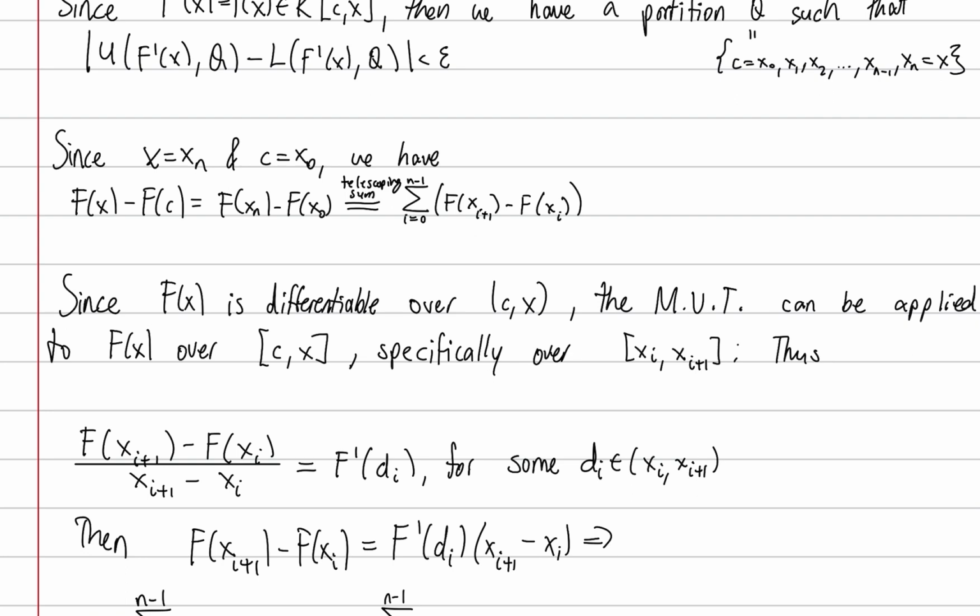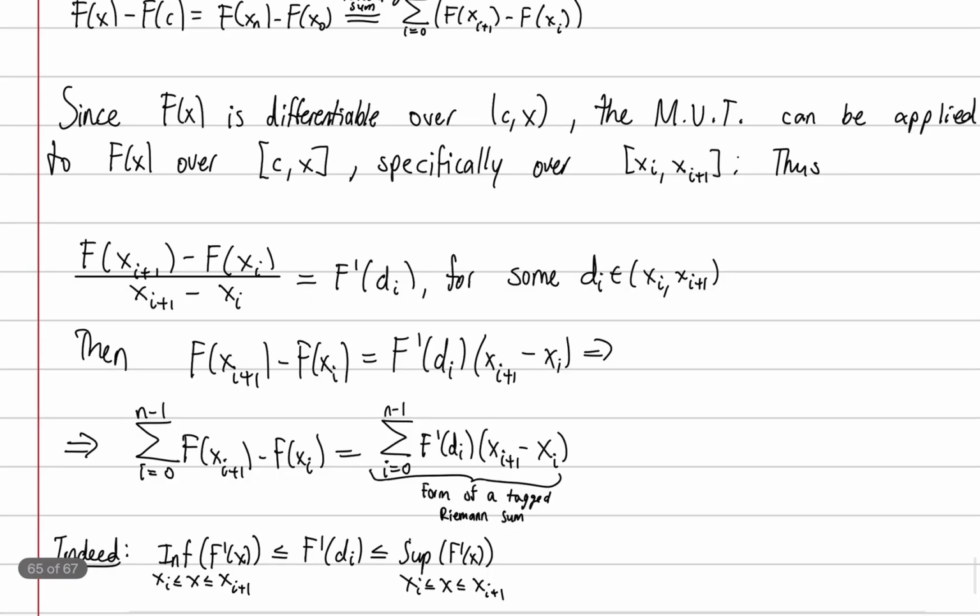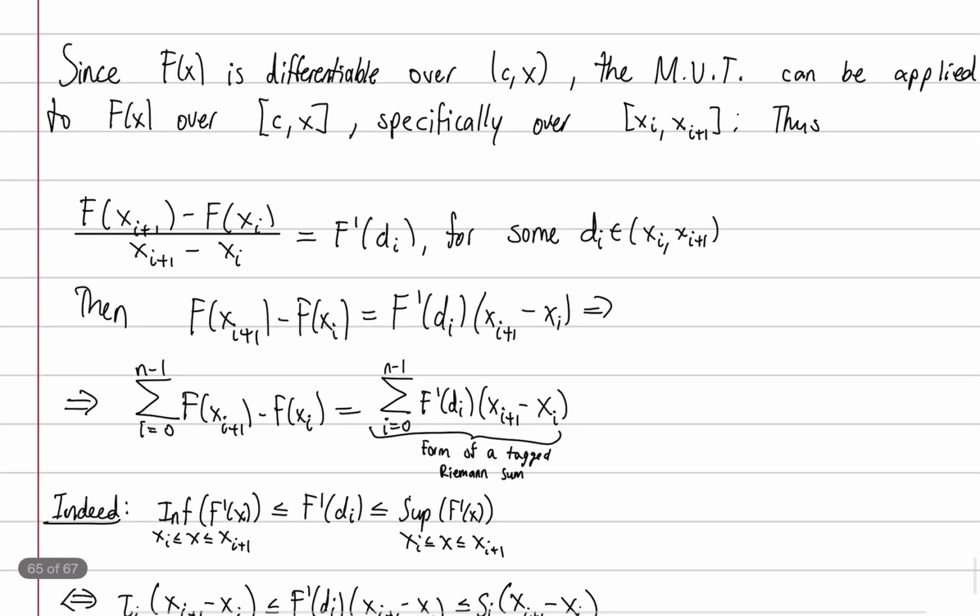And remember, obviously, capital F prime is just f. Then by multiplying by x sub i plus 1 minus x sub i, we get this. But of course, we can just take the sum, and we still get the same thing, because these two sequences are the same, so their sums are also the same.